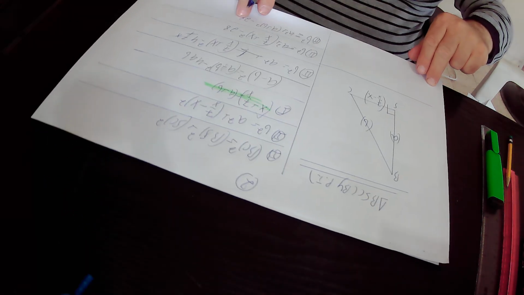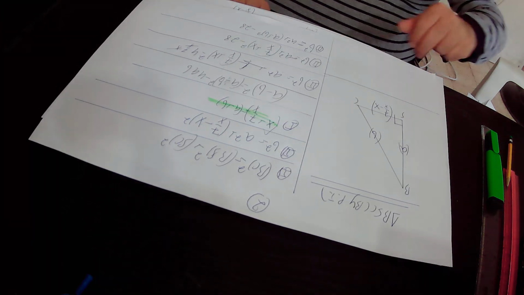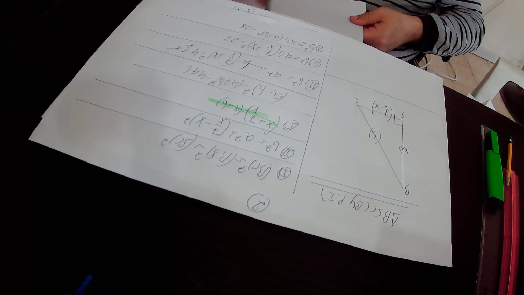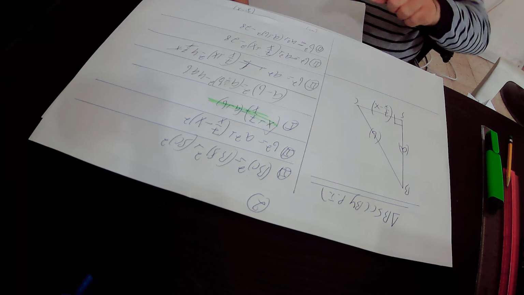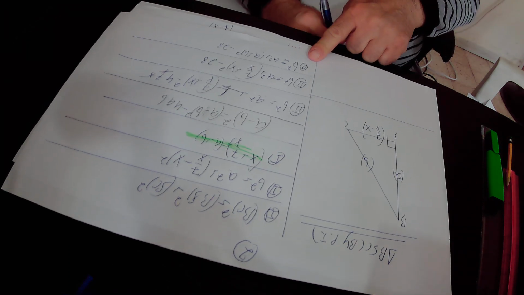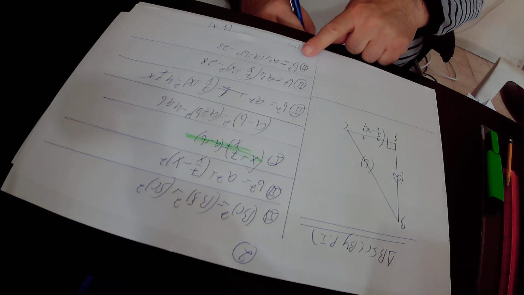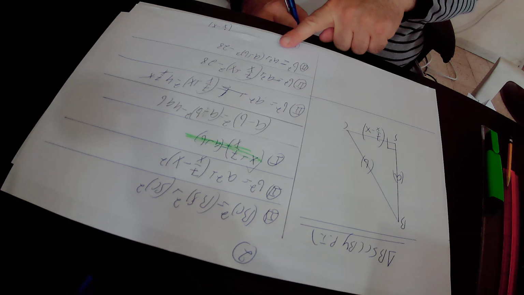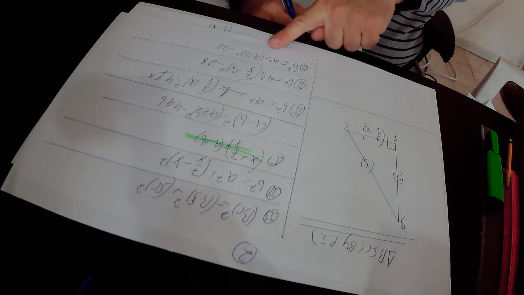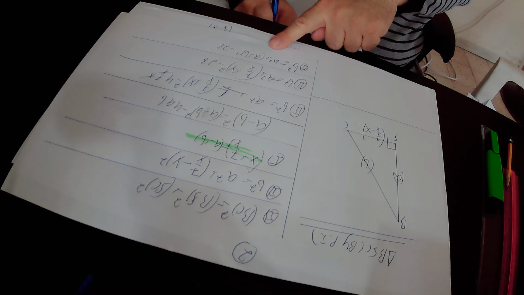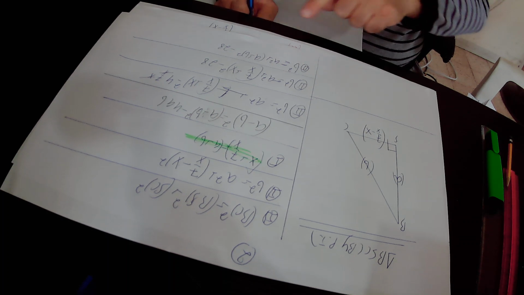And finally we get that according to equation 2, on this side of equation 2 we have b squared, that equals a squared plus (a plus b) squared. (a plus b) squared equals a squared plus b squared plus 2 times a times b, minus 28.